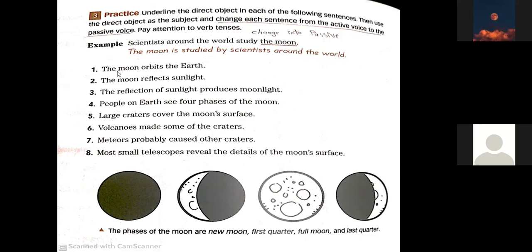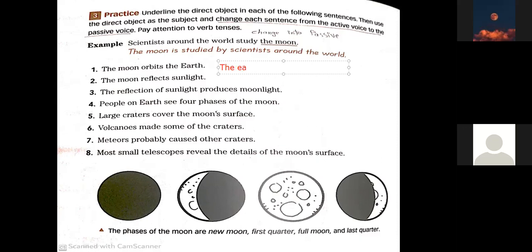You can change number one from active into passive. The moon orbits the Earth. What can we say? The Earth is orbited by the moon. Yes, the Earth is orbited by the moon. I can write with you. Well done, Anas.